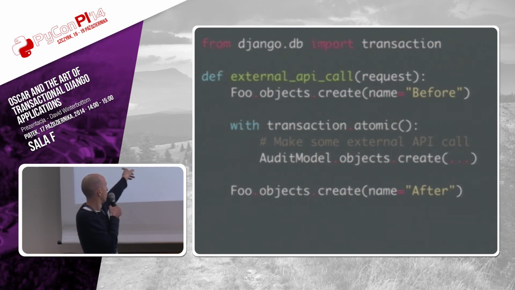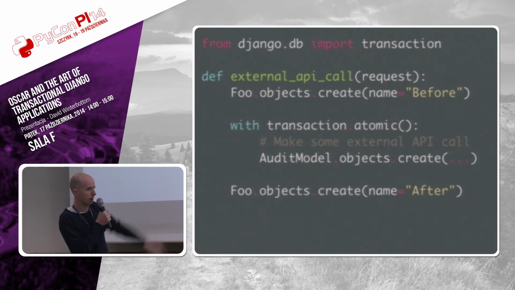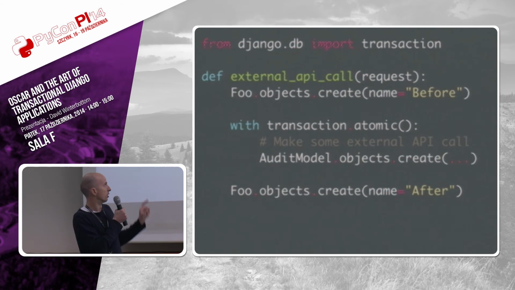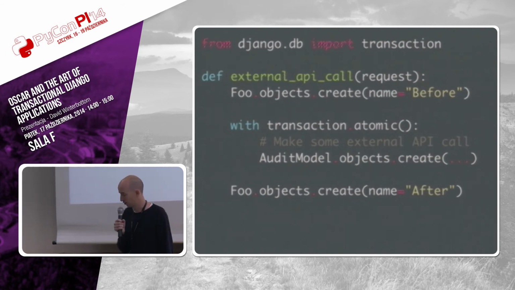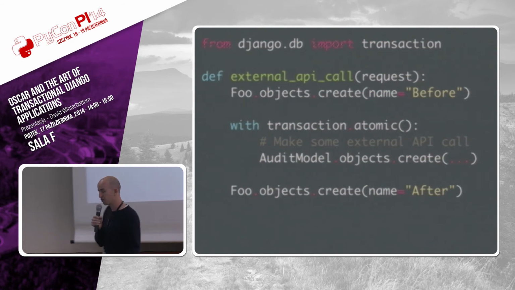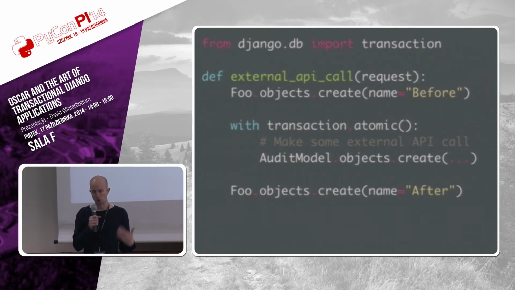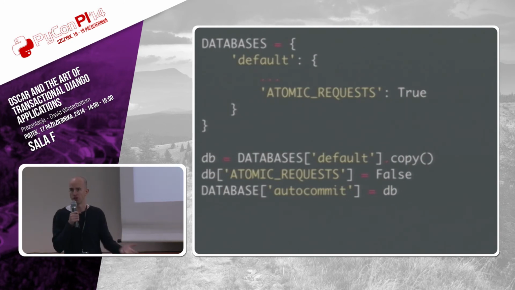If the third one, the create with name equals after failed, what would actually happen is you would save the before and you would save the create, but you wouldn't save the third one. This tricked me for quite a long time, actually. And if you do want to have some writes to your database which are in auto commit mode, then you need to have 2 different databases, or references to databases, in your databases setting in Django.